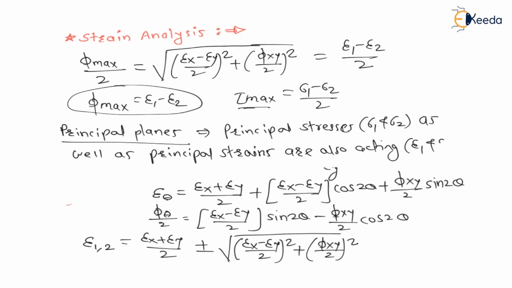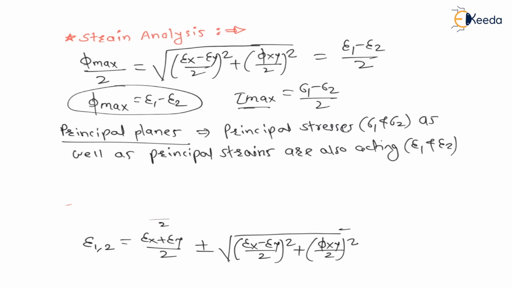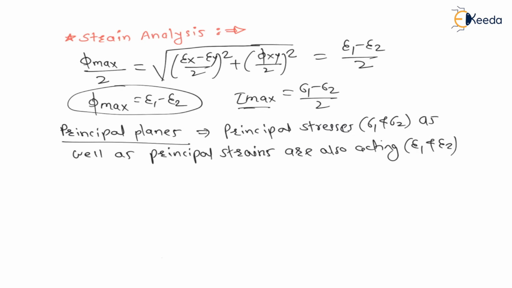Principal strains means E1 and E2. And on principal plane all the shear components of tensor quantity are zero. That is, on principal plane all shear tensors are zero.